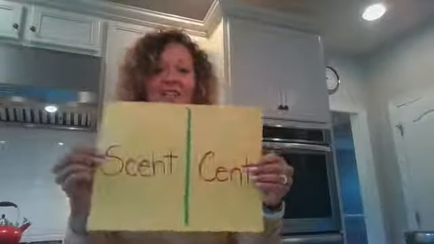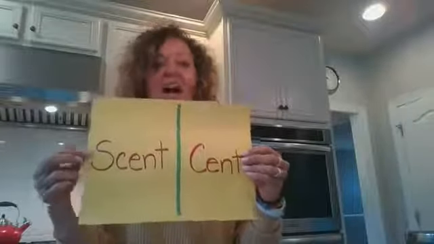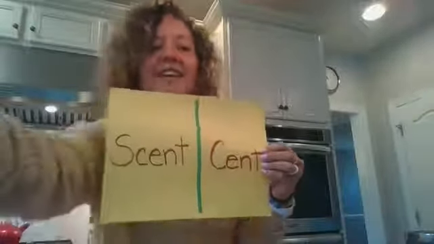But remember, what is a homophone? A homophone is two words that sound the same but have different meanings. So, do you smell anything? See these words? Cent and scent. Which one means a coin?